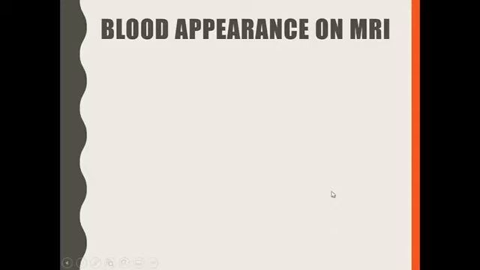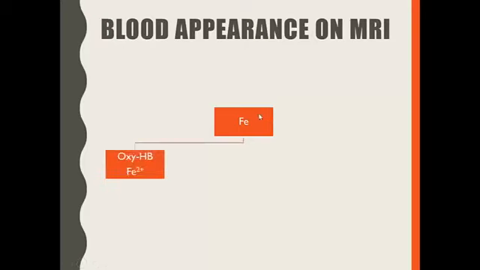On MRI, it's more complex than this, because MRI has many factors affected by bleeding. But the major factor here is the iron atom. Iron is combined with globin to form the heme protein, and it can exist in different forms.